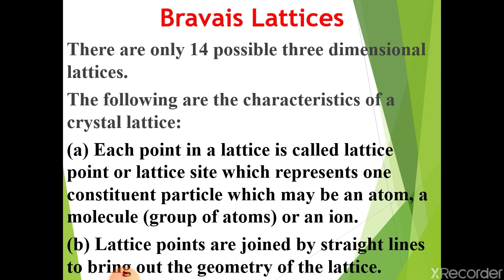First, each point that is shown as a sphere in a crystal lattice is called a lattice point or lattice site, which represents one constituent particle, which may be an atom, a molecule, that is a group of atoms, or an ion.